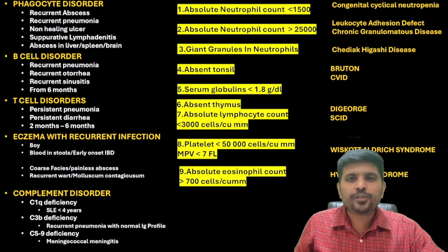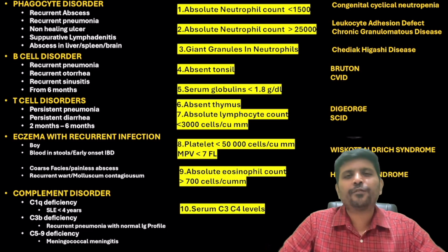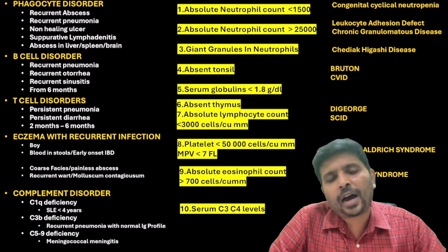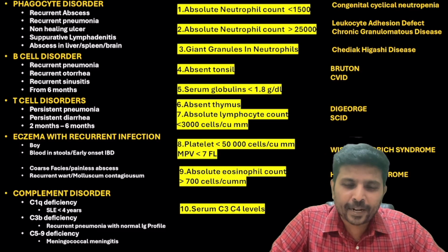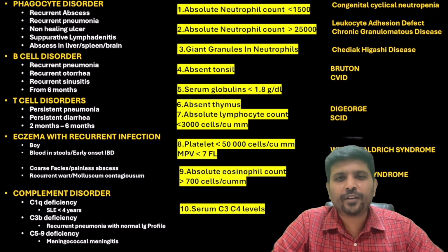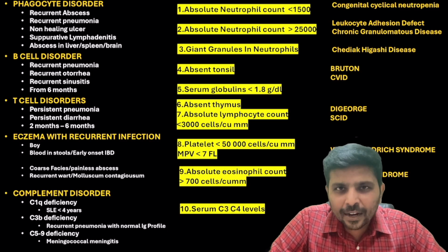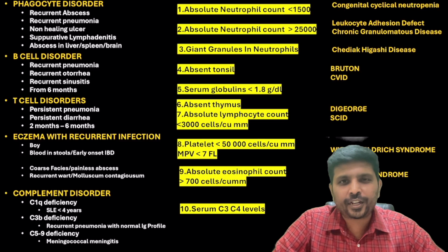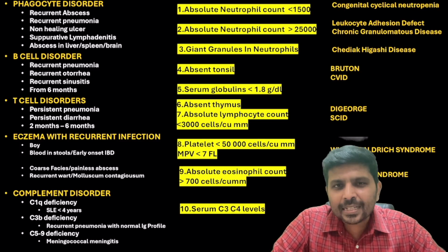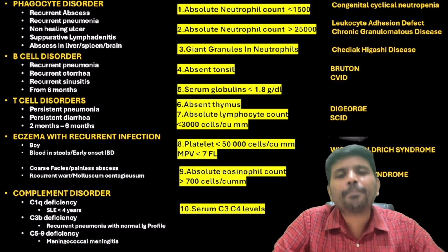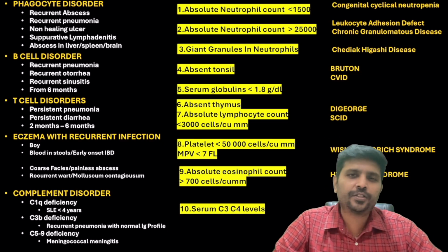You need to do just the C3, C4 level that you people are doing in your day-to-day practice if any case of suspected post-streptococcal glomerulonephritis comes. So instead of thinking about all hi-fi investigation, just do C3, C4 levels. If the levels are normal, it is unlikely to be due to complement deficiency.